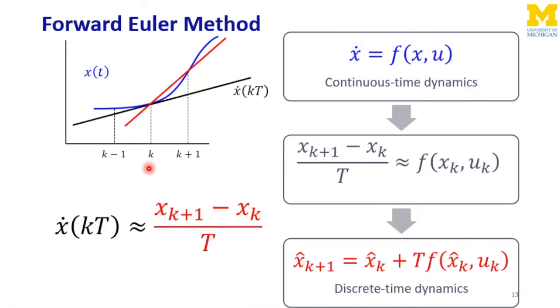So that's why it's called the forward Euler method. Once you use this approximation in the continuous time dynamics, we can write down the discrete time dynamics as this, where x hat is the discrete time state and x is the continuous time state.